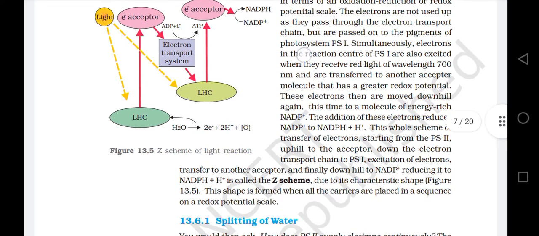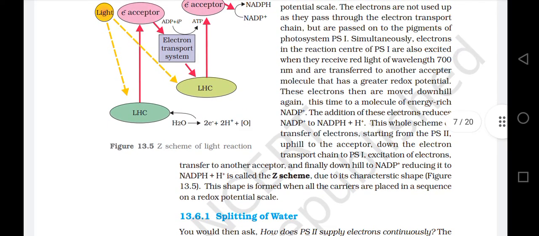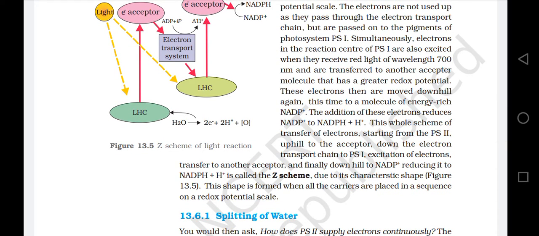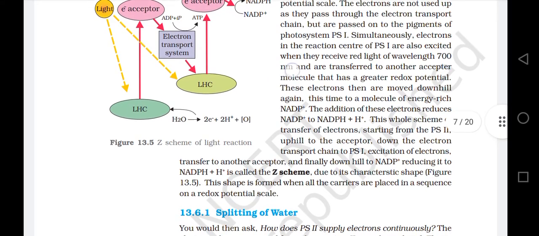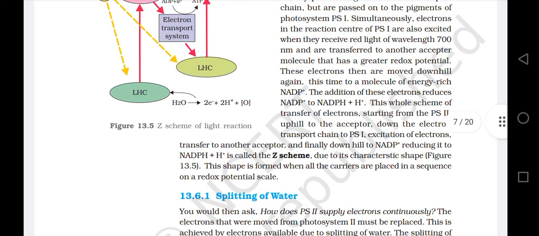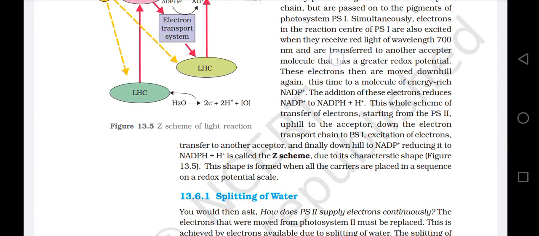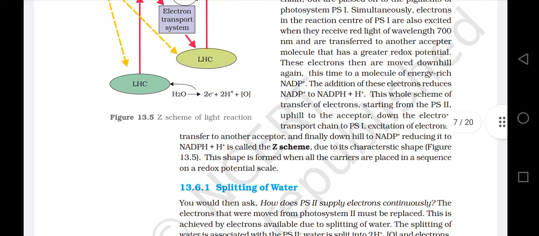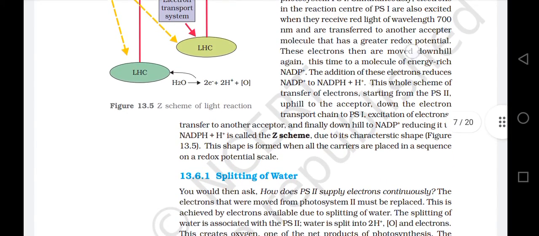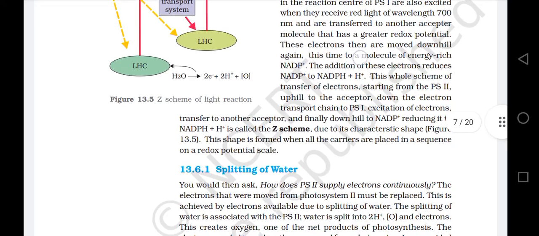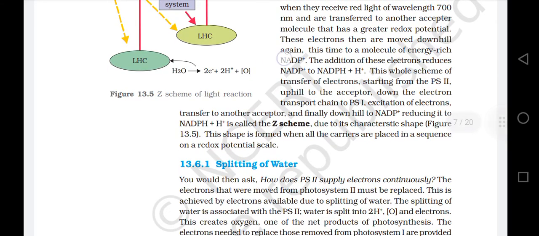Simultaneously, electrons in the reaction center of PS1 are also excited when they receive red light of wavelength 700 nanometers and are transferred to another acceptor molecule that has a greater redox potential. These electrons are then moved downhill again, this time to a molecule of energy-rich NADP+.